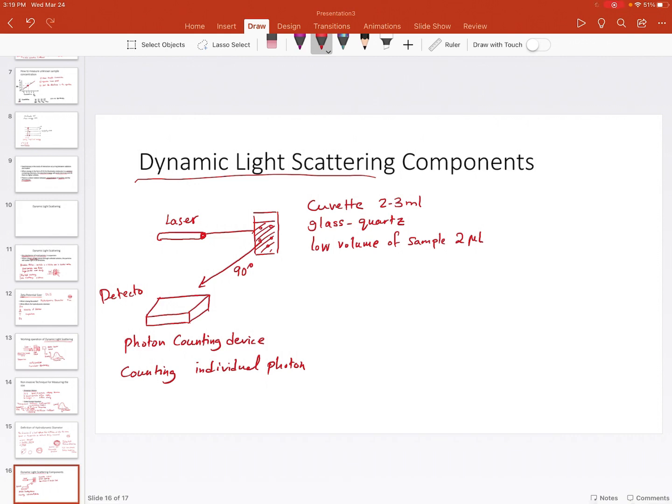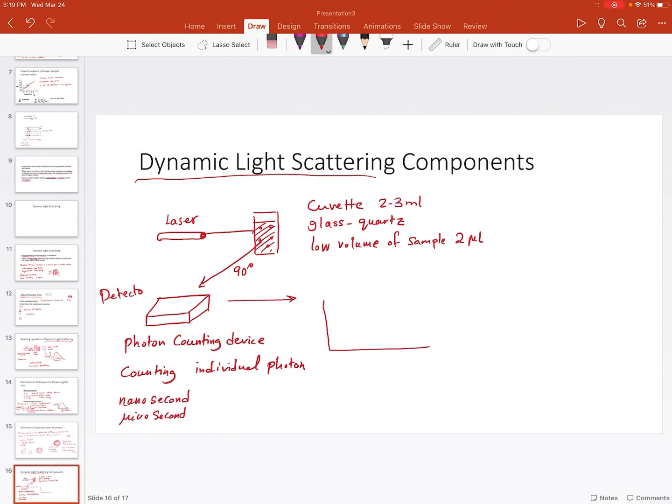And we do this measurement over time. So we have different time scales, which is, for example, nanoseconds, very, very short time scales in terms of nanoseconds, microseconds, and milliseconds. So we have a function of time. The detector will actually repeat the process of measuring this scattered intensity over time.